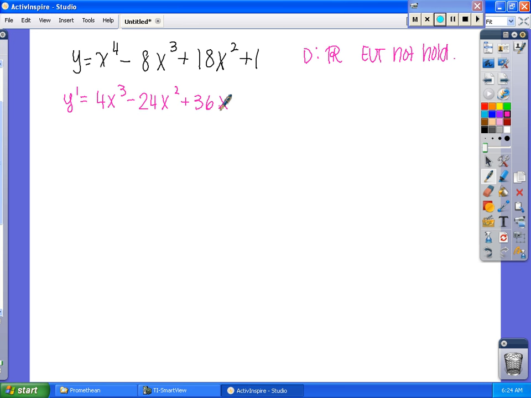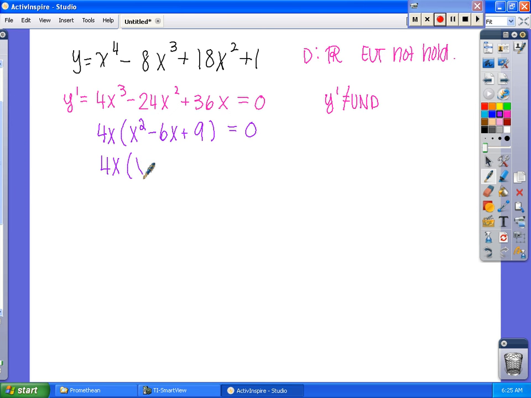And set y prime equal to undefined, but we know that for polynomials, our derivative will not be undefined. Our next step is to figure out how to solve this, and I'm going to factor out the greatest common factor, which leaves me x squared minus 6x plus 9 on the inside, which is still factorable. It's x minus 3 squared equals 0. So we take each factor equal to 0, and these are the same exact factor. It's actually called an even root, and we solve each of these equal to 0.